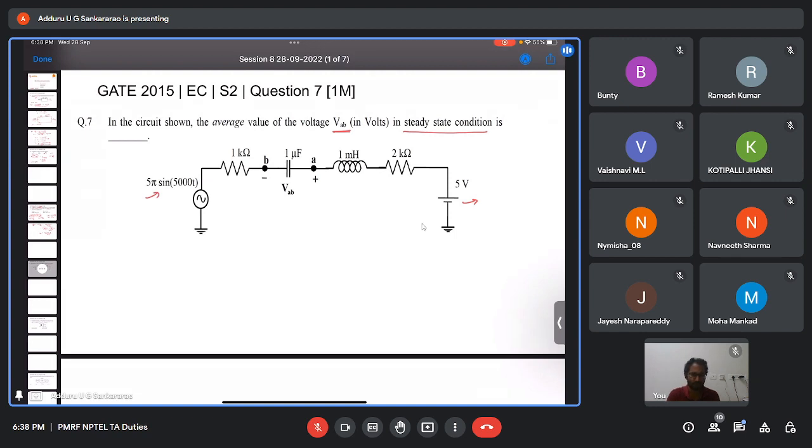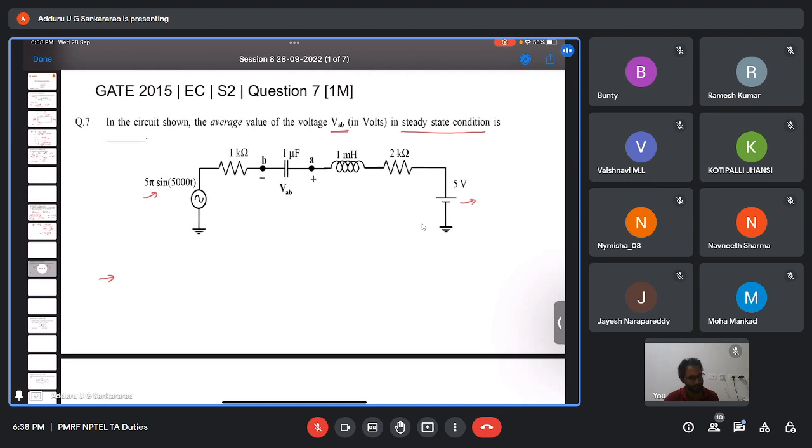Generally in a circuit, if we have multiple sources with the same frequency, let's say multiple DC sources, then we can use nodal analysis, mesh analysis, or any other theorems, like the superposition theorem.